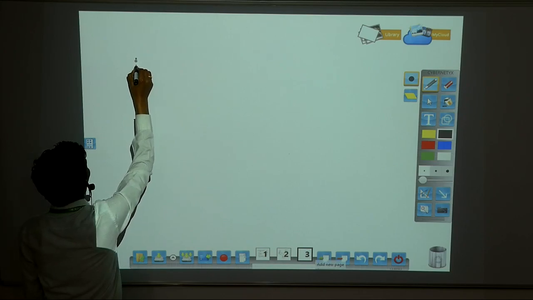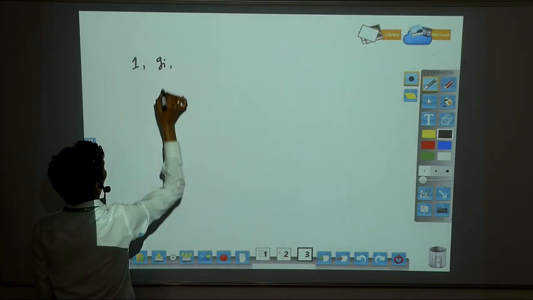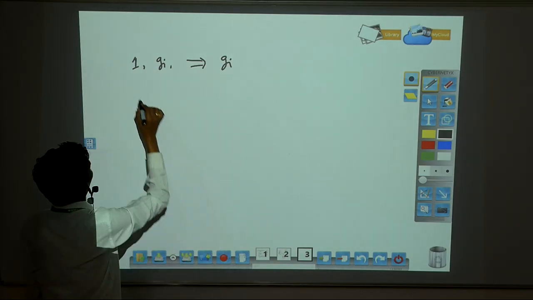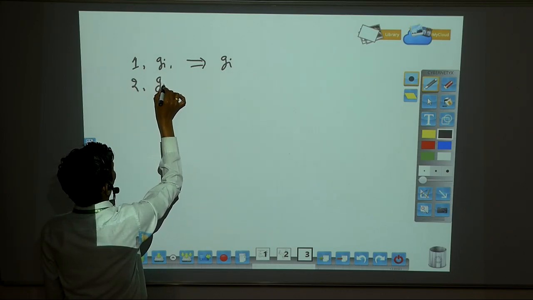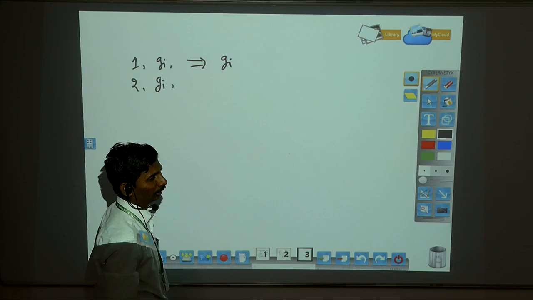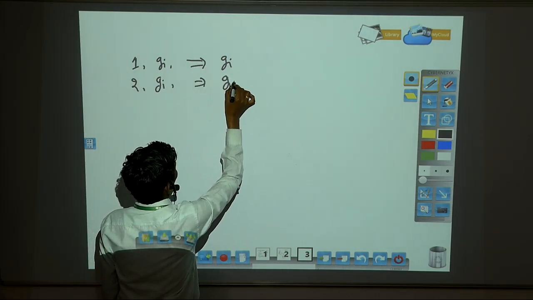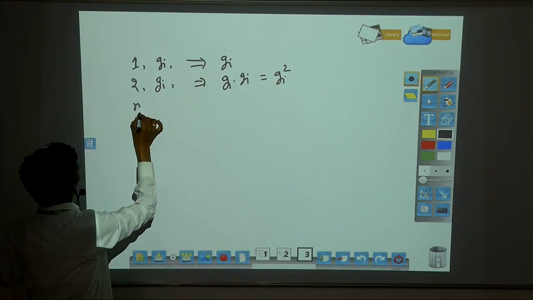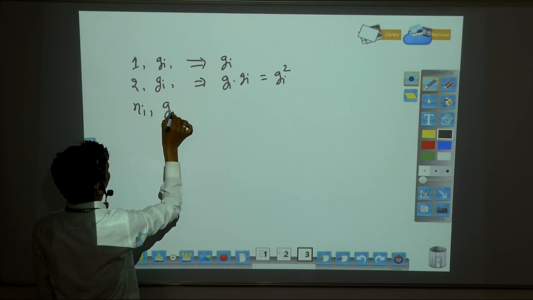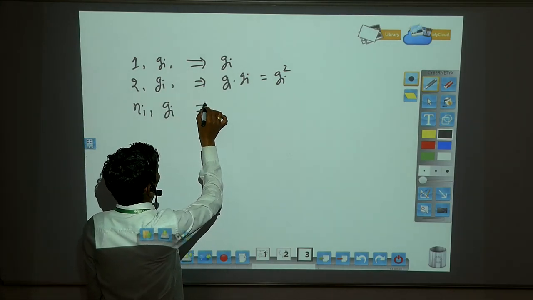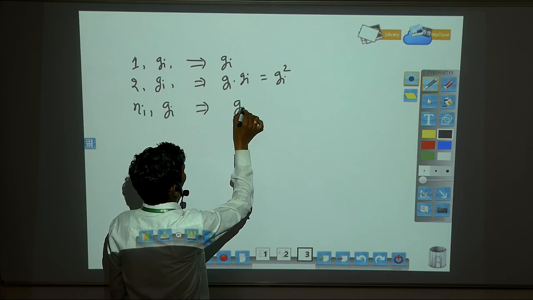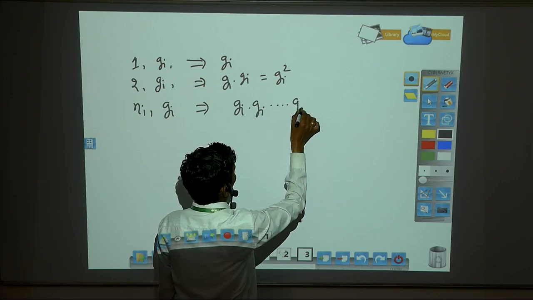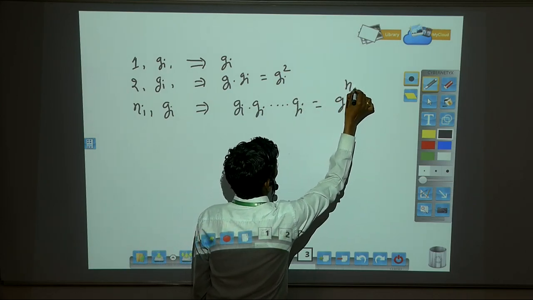If there is one particle and gi is the prior probability, then for one particle the prior probability is gi. If there are two particles and gi is the prior probability of both particles, then it is gi into gi, nothing but gi square. If there are ni particles in the ith cell having prior probability gi, then the probability is gi raised to ni.